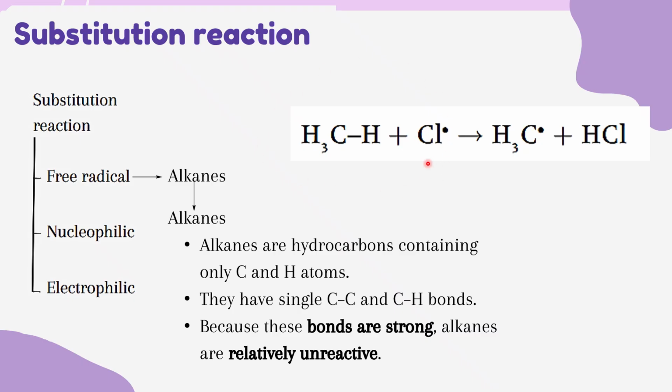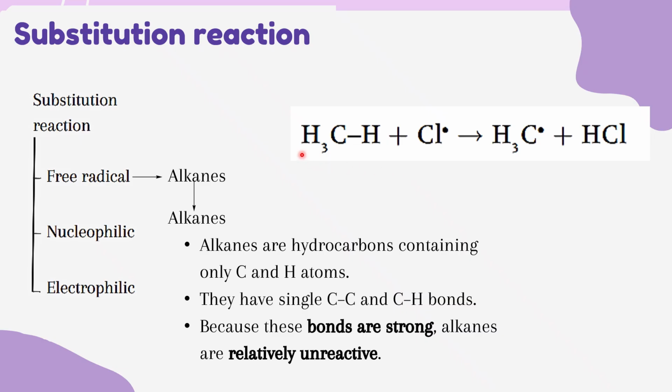Like for example, over here I have methane, and along with that I have chlorine free radical. So I can see that this chlorine free radical has taken the place of this CH3 in the reactant. That is, it has substituted the CH3 and resulted in the formation of HCl along with the CH3 free radical.